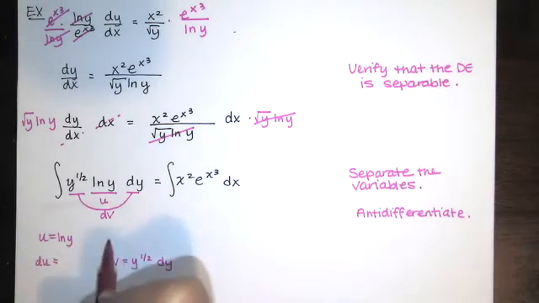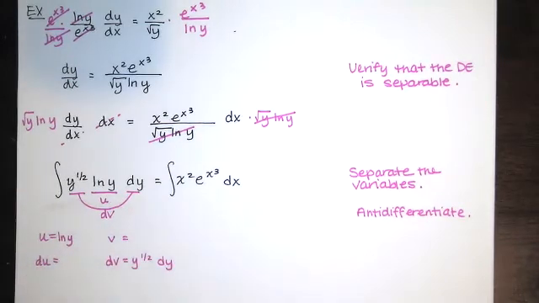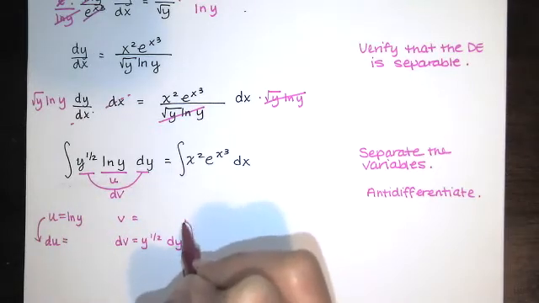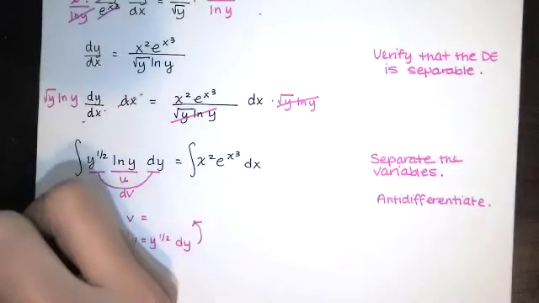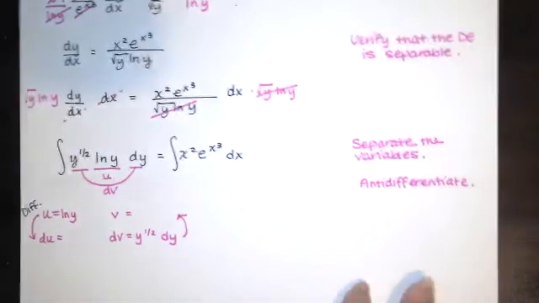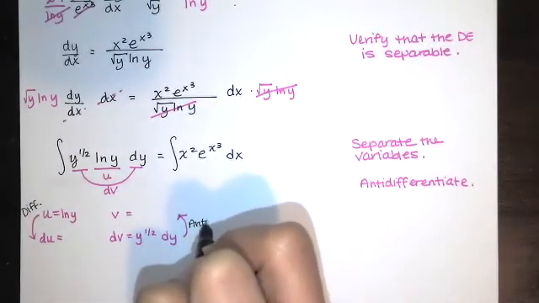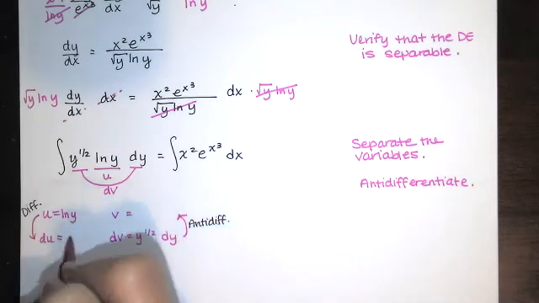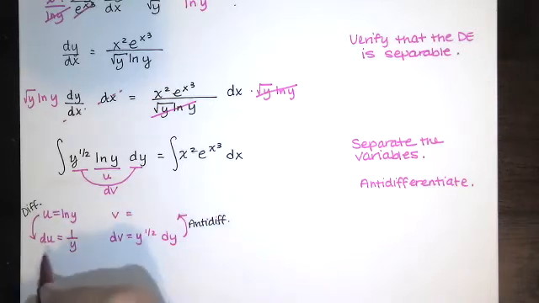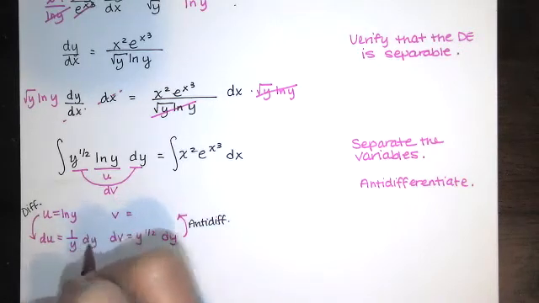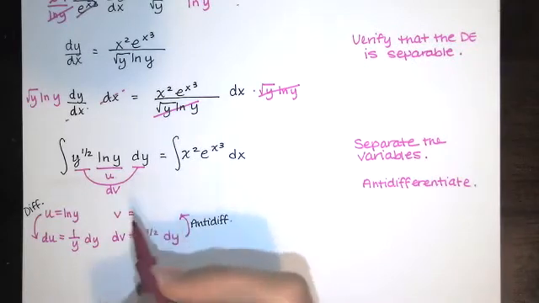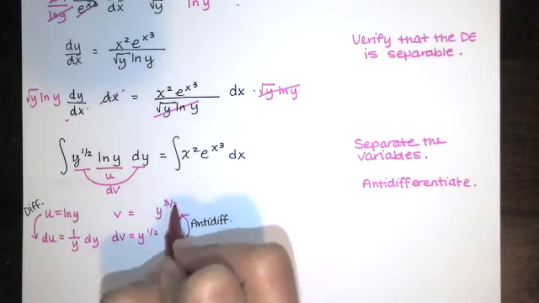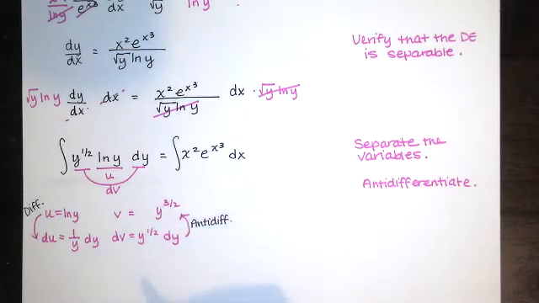In order to use integration by parts, we need to compute du and v. So we're going to differentiate to get du, and we're going to anti-differentiate to get v. The derivative of natural log of y is 1 over y, and du is that derivative times dy. The antiderivative of y to the 1/2 comes from adding 1 to the exponent. 1/2 plus 1 is 3/2, and then you divide by the new exponent.